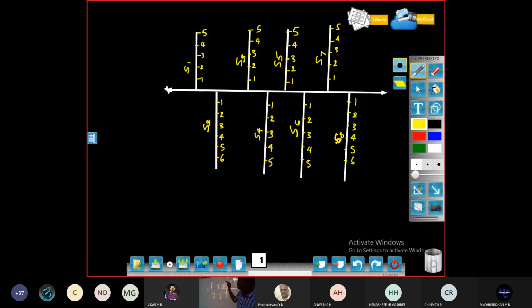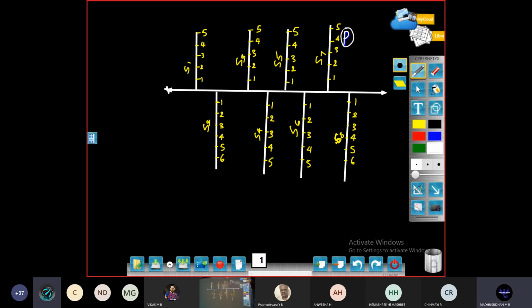I'll write this is point P. So this is the house P. I want to locate this house. Now you tell me what information you would give to guide a person who has no idea to reach this house P. How are you going to guide him?